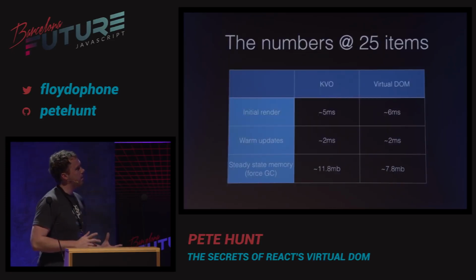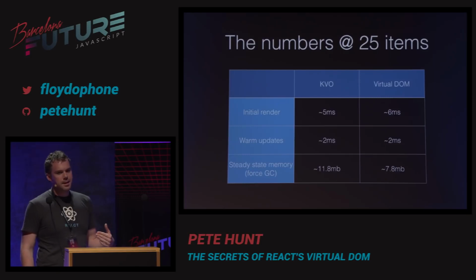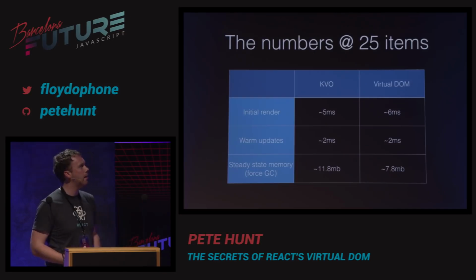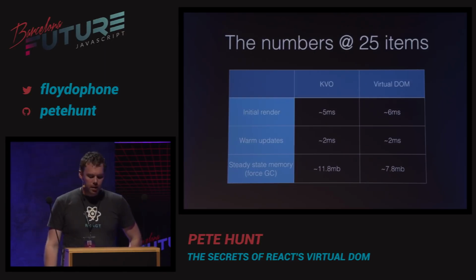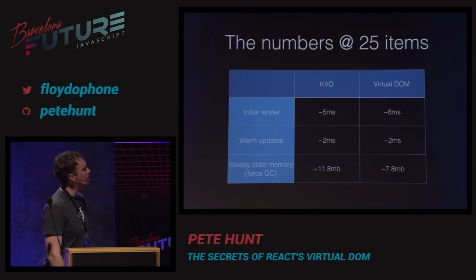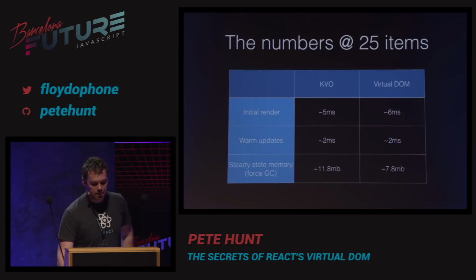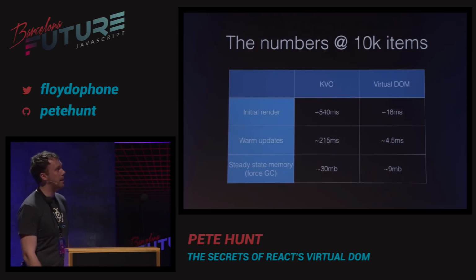So when I ran the numbers at 25 items, 25 companies in that list, remember, we're taking the top three companies and displaying them, so there are 25 underneath that UI. It doesn't matter. These numbers are within a millisecond of each other, and they're all under a frame anyway, so who cares? When we bump it up to 10,000 items, we start to see a pretty big difference in performance.